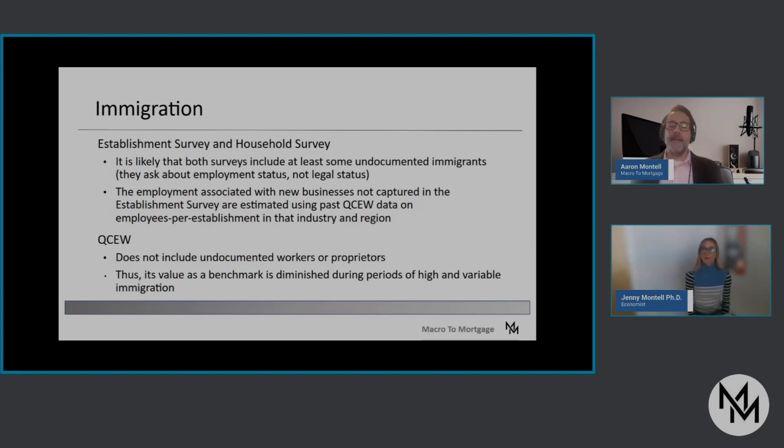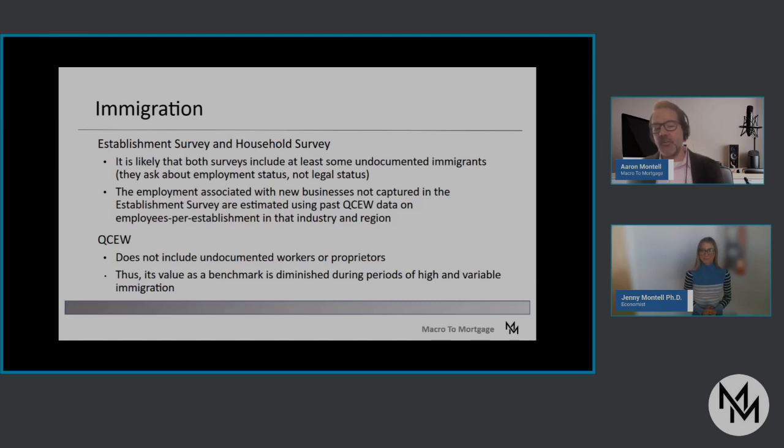So if they know that a new business came in a particular industry, in a particular state, they can look back at recent QCEW data and say, oh, that industry in the state employs on average this many people per establishment. And so they'll apply that ratio to this new business and get an employment estimate for that business. What you're describing is called the birth death model, right?